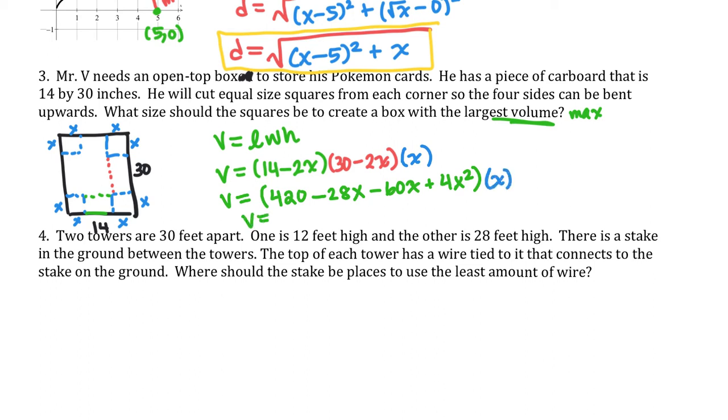So this is going to be 420x minus 88x squared, plus 4x to the third. This is the volume equation that I'm going to find the derivative of, and then try to optimize it and find the maximum volume.